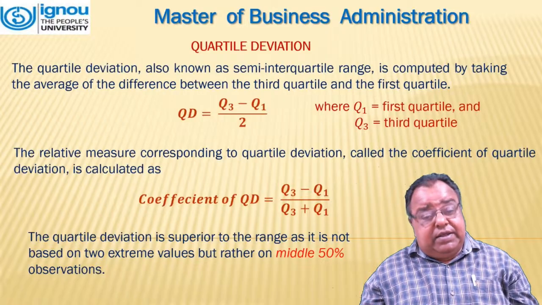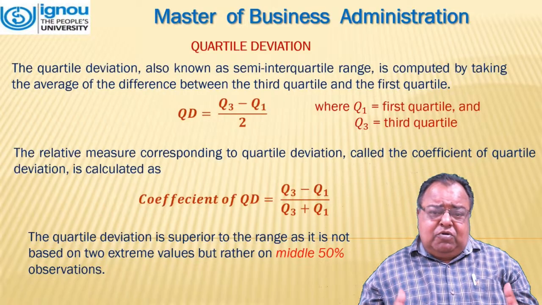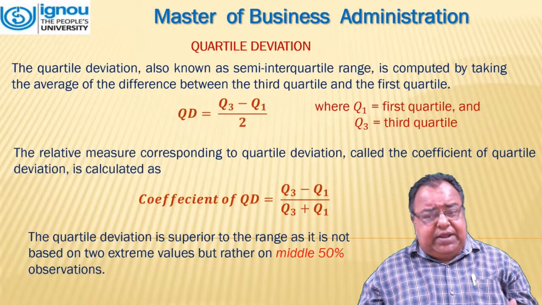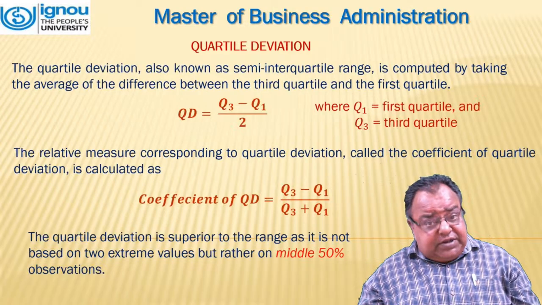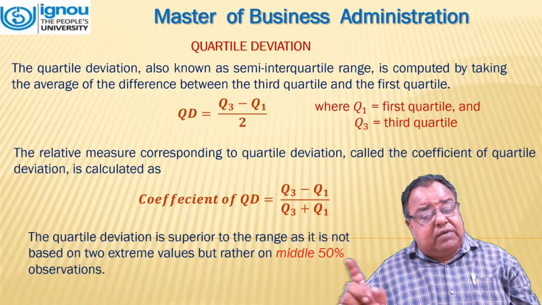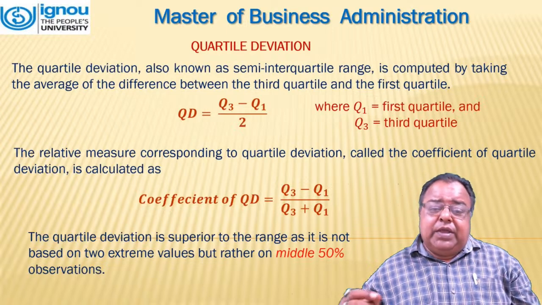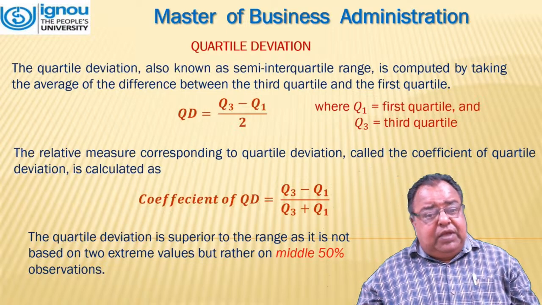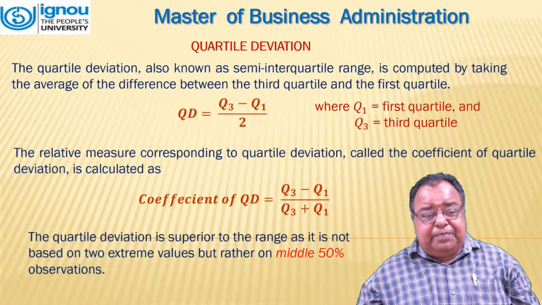Then comes quartile deviation. The quartile deviation, also known as the semi-interquartile range, is computed by taking the average difference between the third quartile and the first quartile. That is, QD is equal to (Q3 minus Q1) by 2, where Q3 is the third quartile and Q1 is the first quartile.